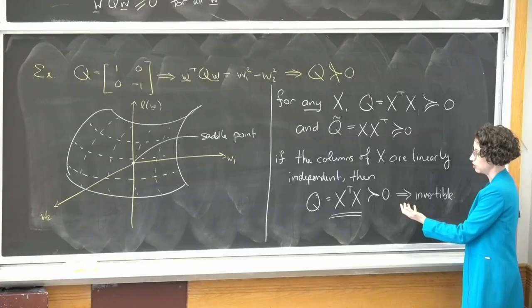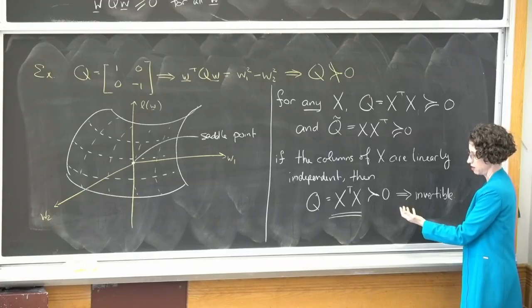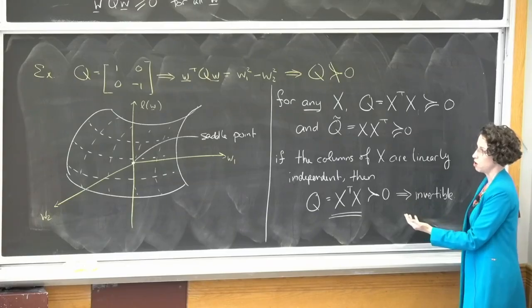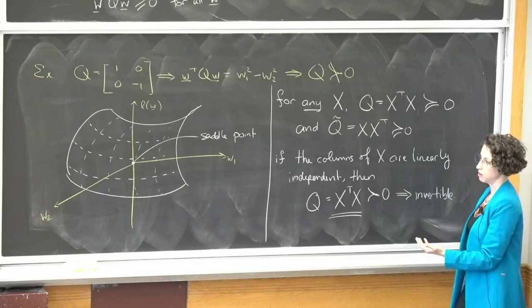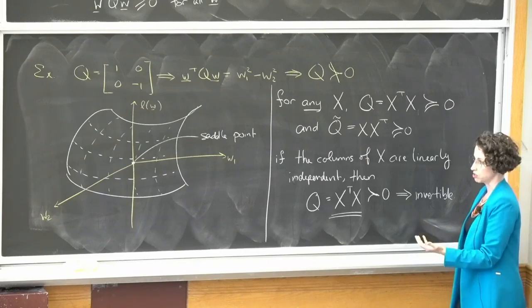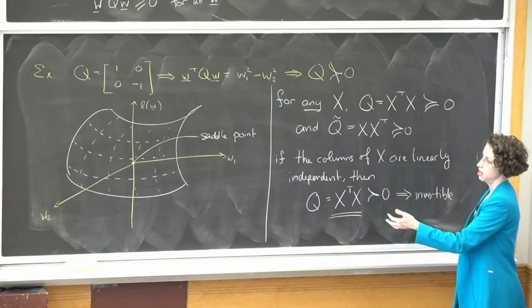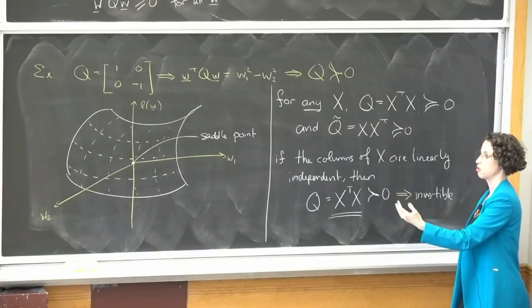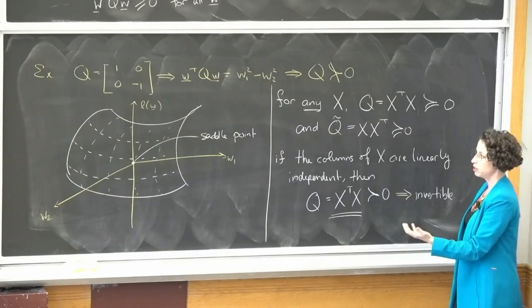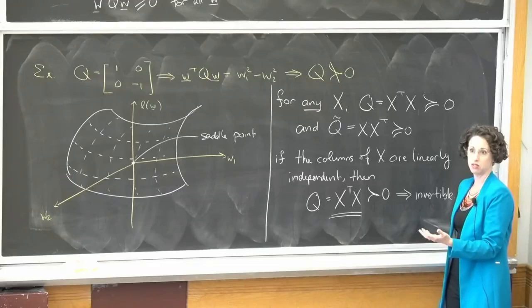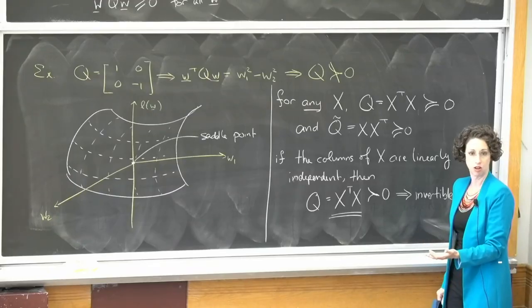And in this setting, this notion of positive definiteness is telling us when the function that we are trying to minimize, when this loss function is convex, where we don't have to worry about finding a maximizer or a saddle point, but rather the place where the gradient is equal to 0 is in fact a minimizer of our loss function.